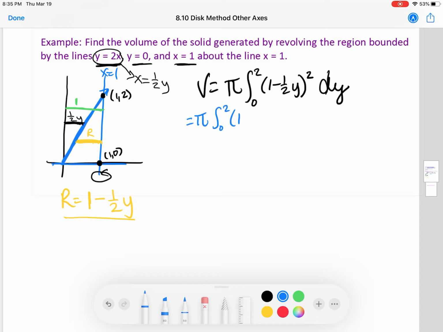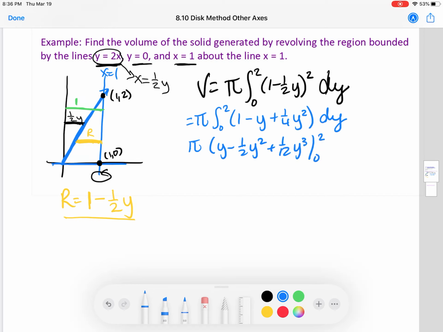Foiling this out, we get 1 minus y plus 1/4 y squared. And then when we integrate, we will have y minus 1/2 y squared plus 1/12 y cubed from 0 to 2.